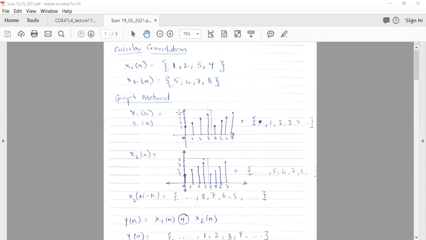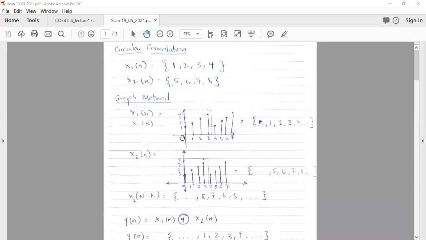As long as you are dealing with circular convolution, it is mostly with a periodic signal. So in this particular case, the first one is the graph method. Let's start with the graph method. When we are graphing this, we assume it's periodic. It's not necessary to draw all the points, just note down the initial points.